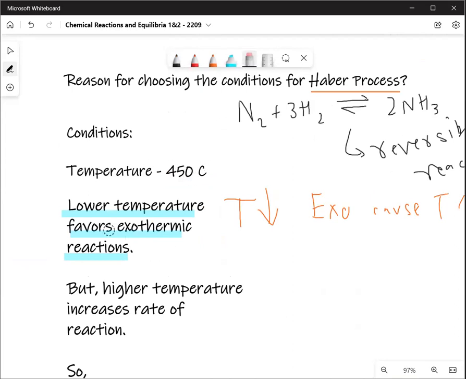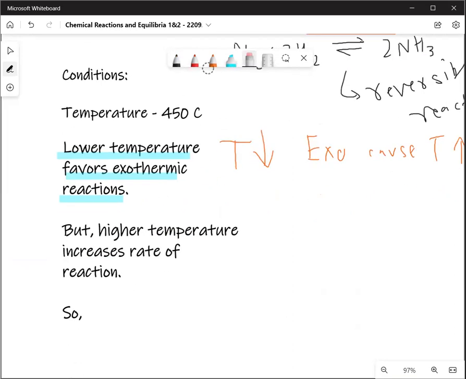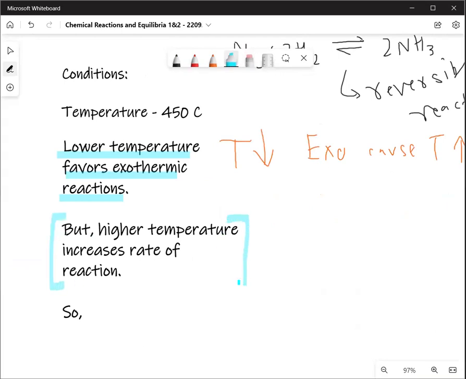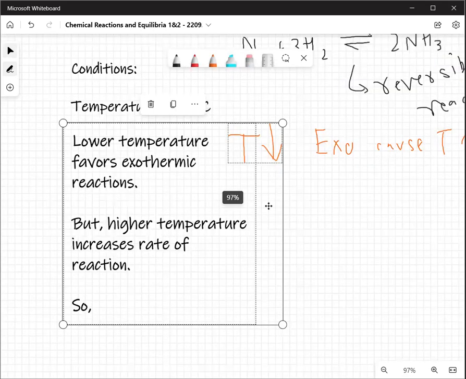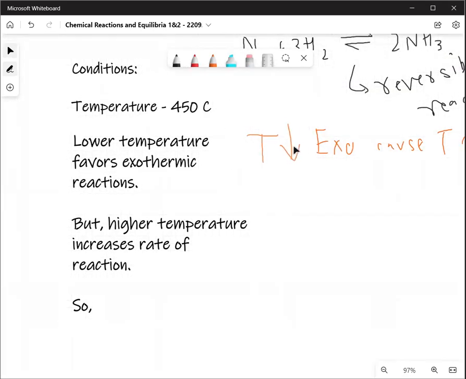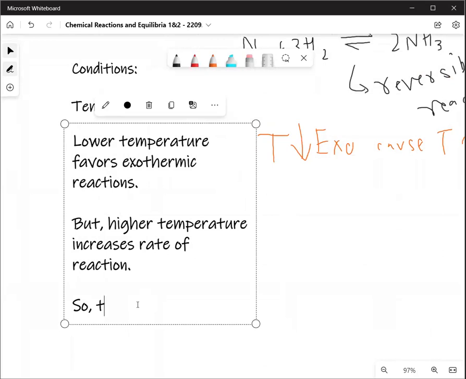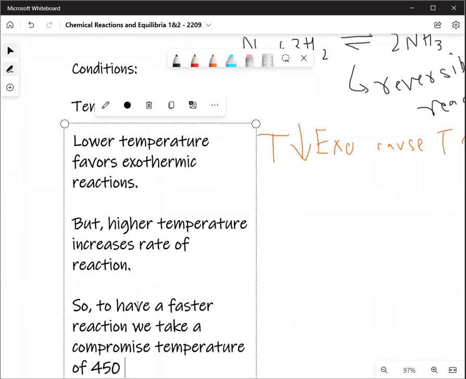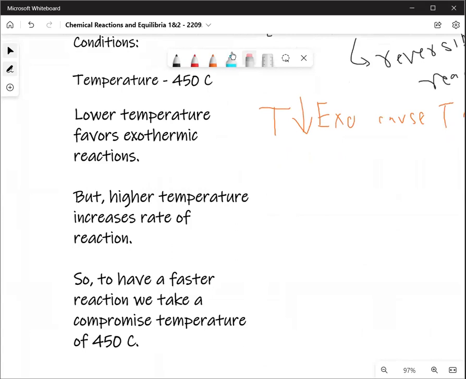So why are we taking high if we should take lower? Read this line, Niranjana: higher temperature increases rate of reaction. So, to have a faster reaction, we take a compromise temperature of 450. Now read it again from the beginning, Zahra.